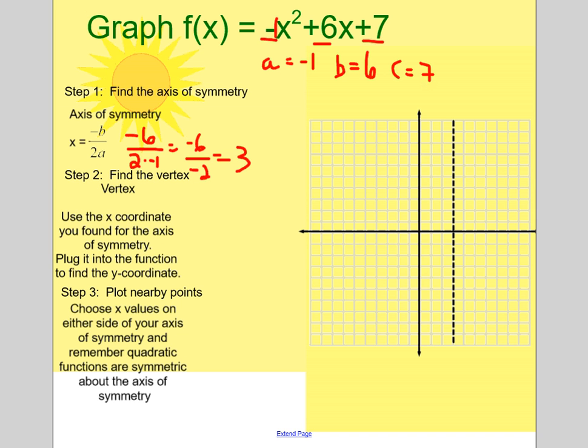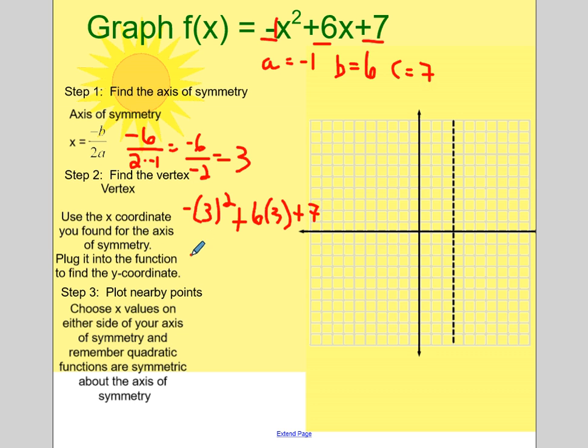Having technical difficulties, clearly. Okay, negative, and because it's part of the formula, so then 3 squared. Notice how I put parentheses around the 3 because it's separate. Plus 6 times 3 plus 7.